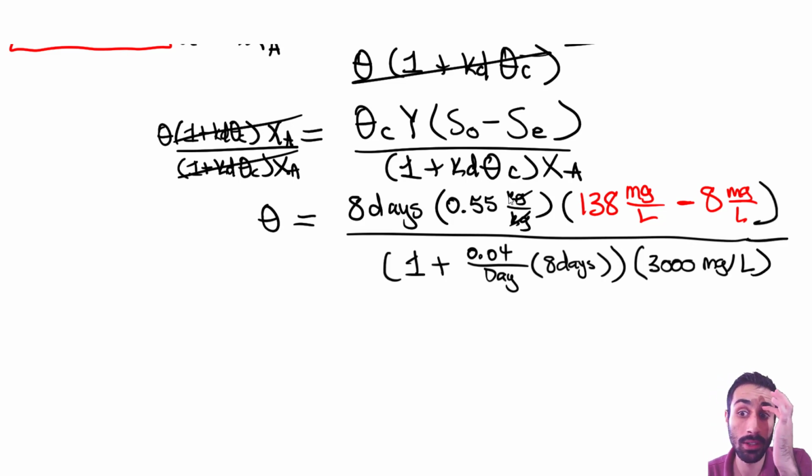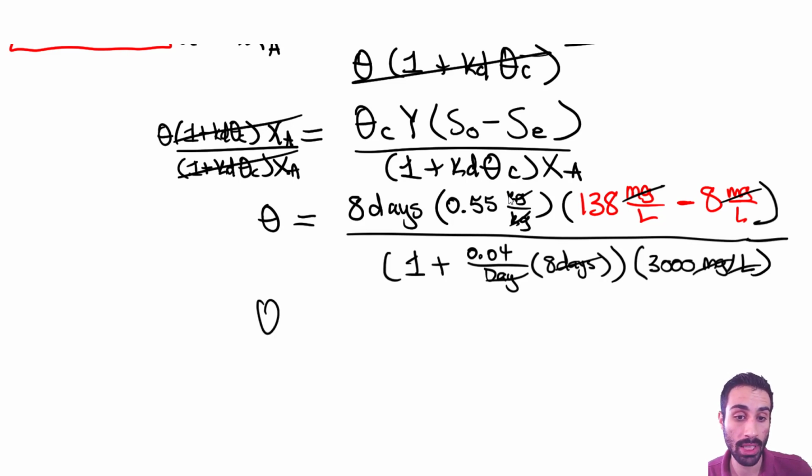So if you look at the units, you can actually cancel, right? Days cancel. Milligram per liter cancels with the milligram per liter, and you are just left with days.